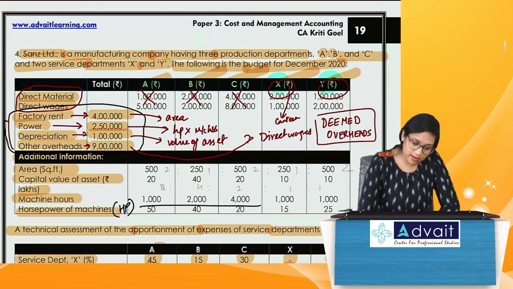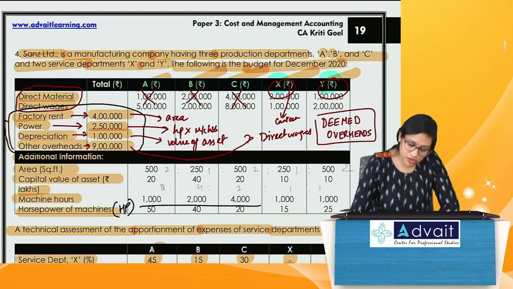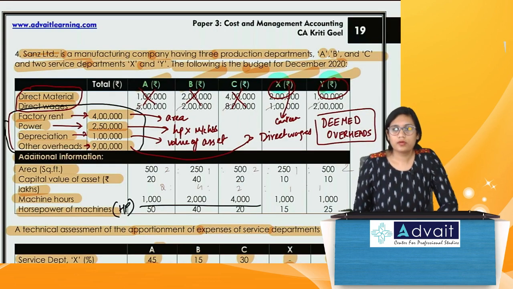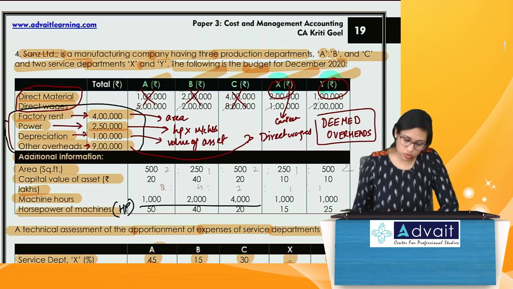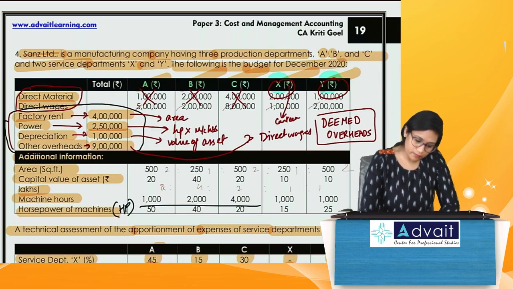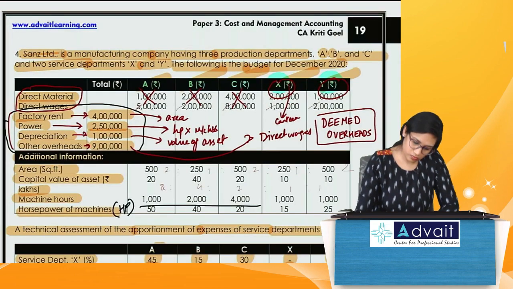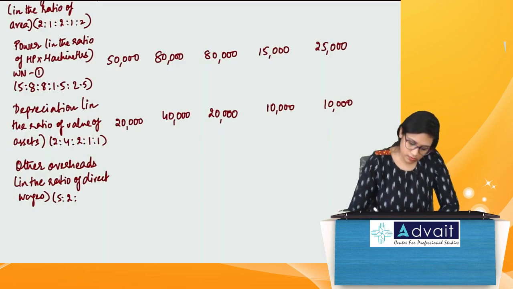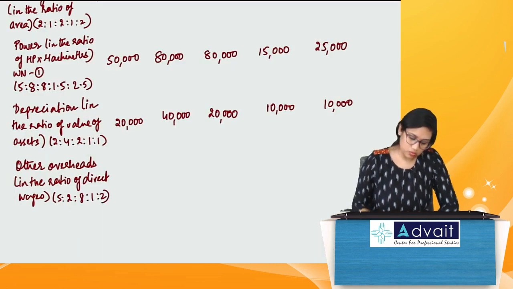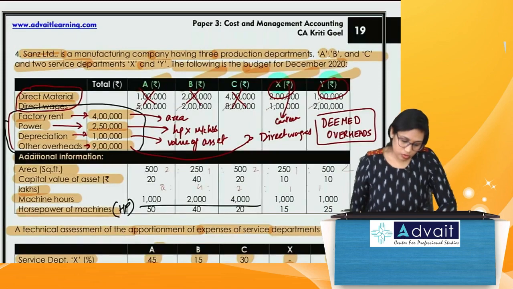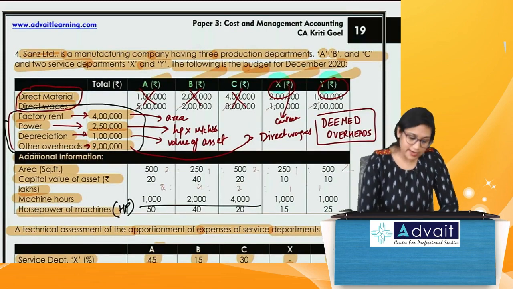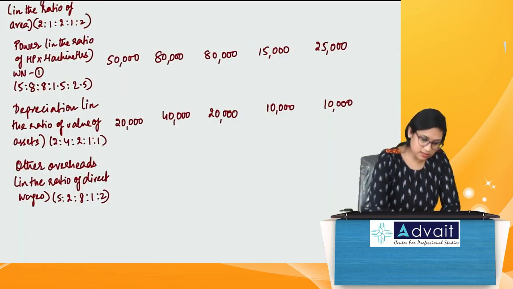Can I say 5:2:8:1:2? Total other overheads 9 lakhs. Guys, please divide this.